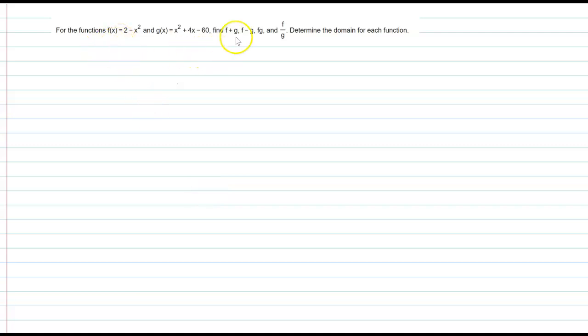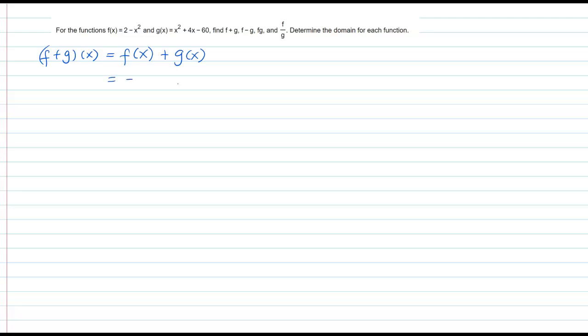First, let's identify the expression for f plus g of x. f plus g of x is equal to f of x plus g of x. In other words, you just have to add them.